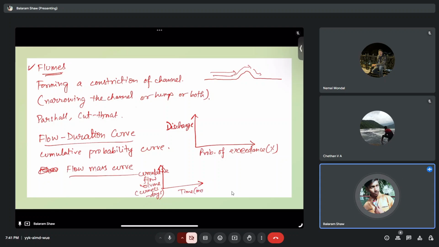So this flow mass curve is mainly used in the supply and demand analysis. Let's say if there are some dams or reservoirs, how much water should be supplied and demanded is based on the flow mass curve, which is also called the Rippl mass diagram.